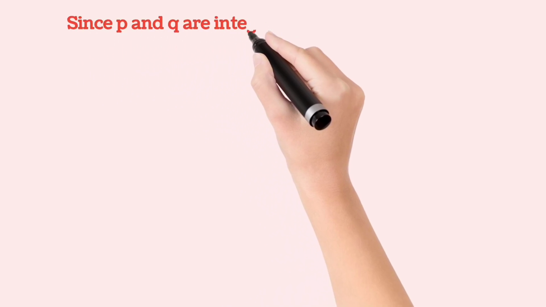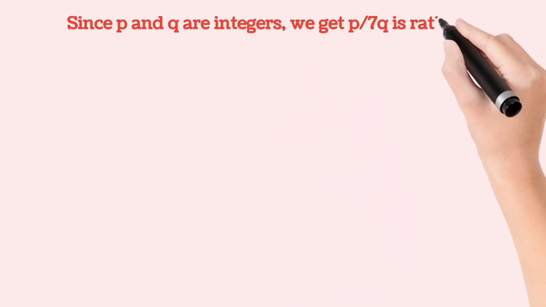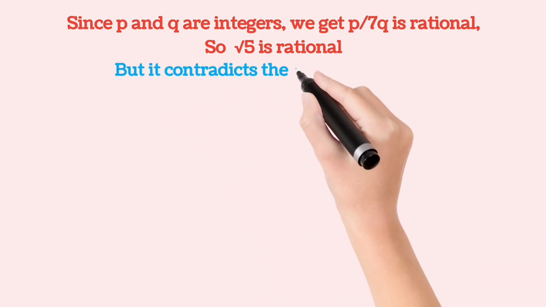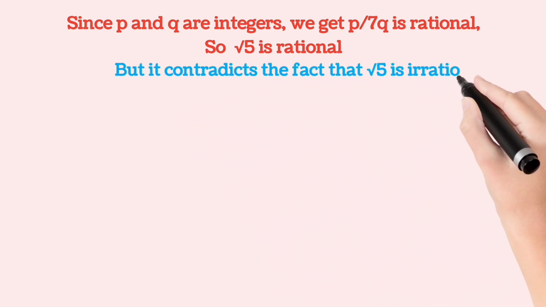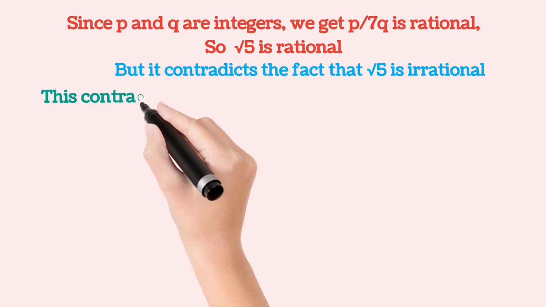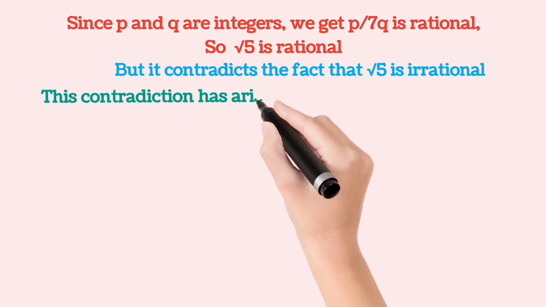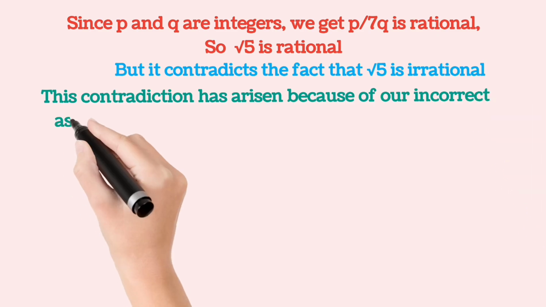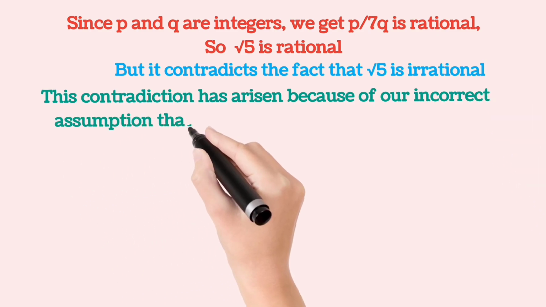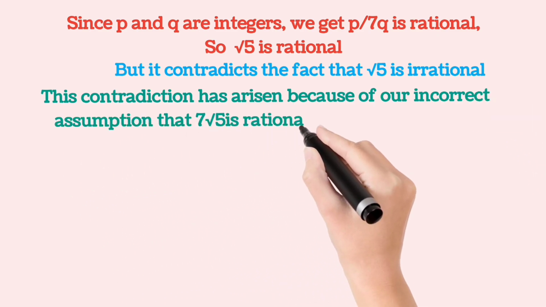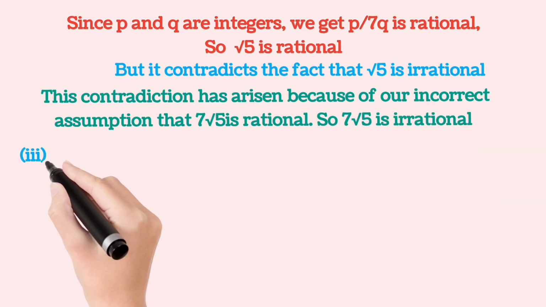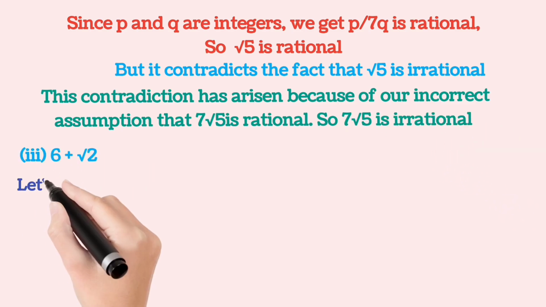Since p and q are integers, p by 7q is rational, so root 5 is rational, but it contradicts the fact that root 5 is irrational. This contradiction has arisen because of our incorrect assumption that 7 root 5 is rational, so 7 root 5 is irrational.